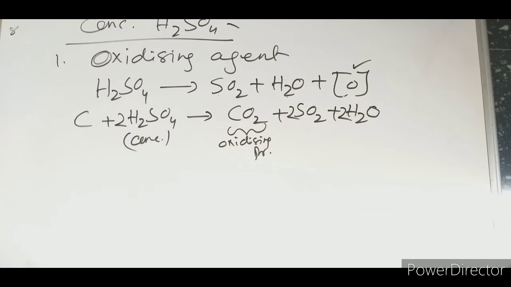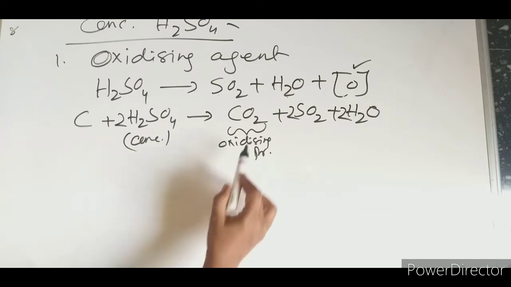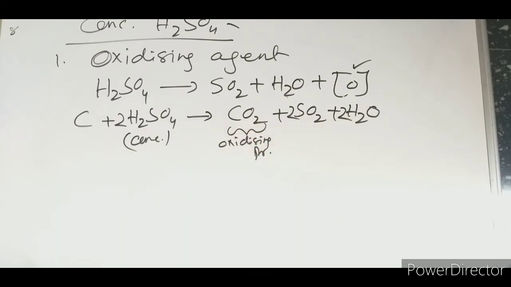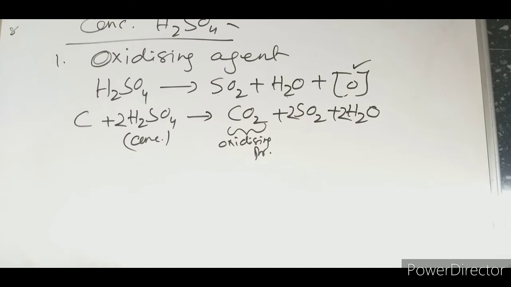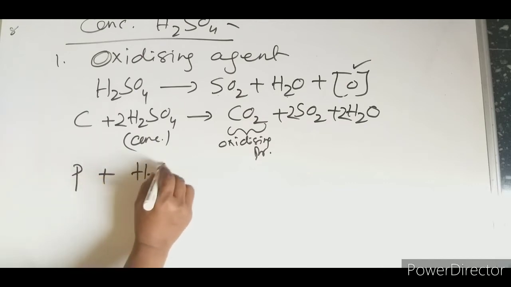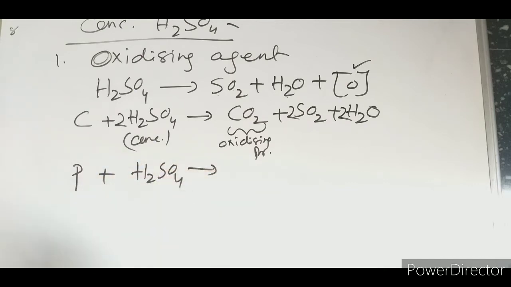Understood? And in some cases, children write carbon dioxide plus water as carbonic acid, but carbonic acid is unstable, that is why we don't write it. So here we write carbon dioxide and water. Then let us go for phosphorus. These two are in our course. So phosphorus with H2SO4, what does it give rise to?